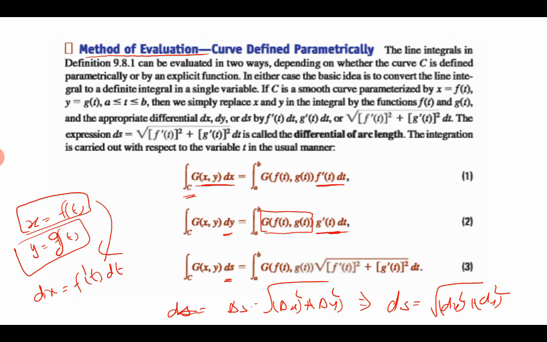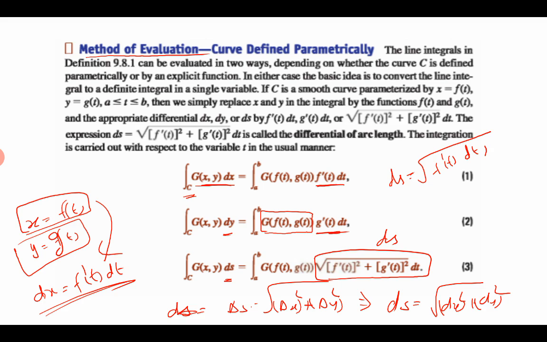When you substitute dx as f dash of t dt and dy as g dash of t dt, you get ds as the square root of f dash of t dt whole squared plus g dash of t dt whole squared. Take dt squared common, and its square root is dt. So under the square root it is f dash squared plus g dash squared, times dt. This is what is given here.